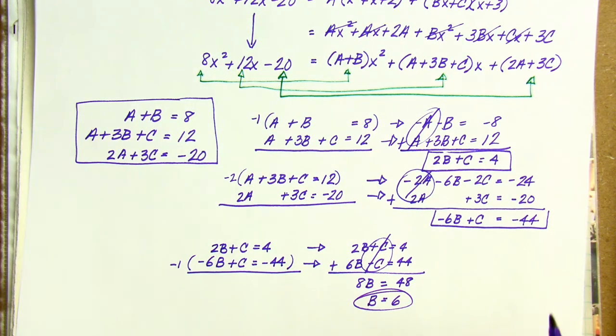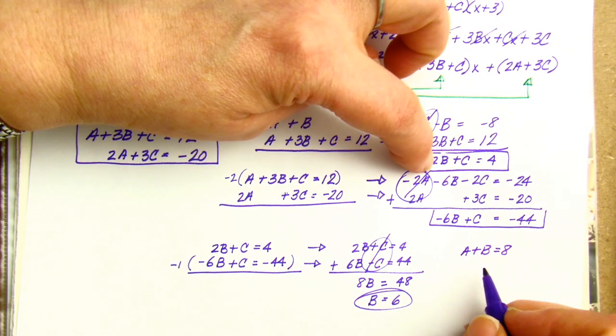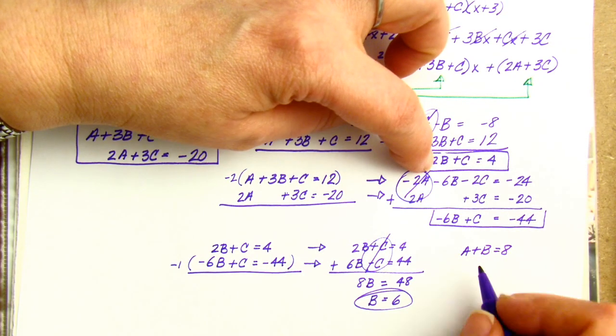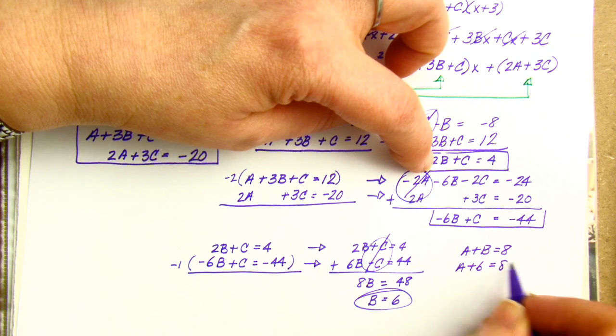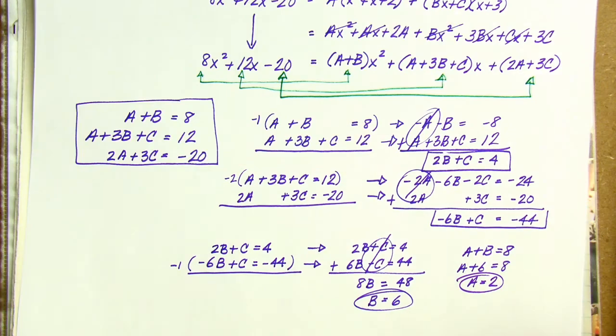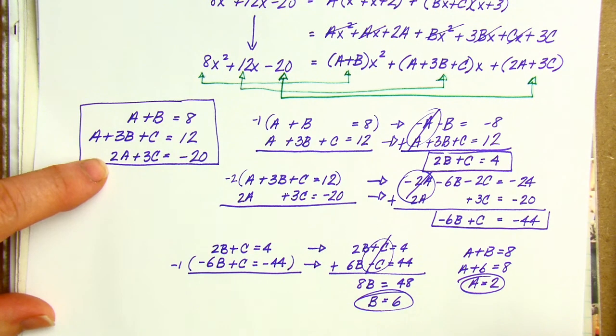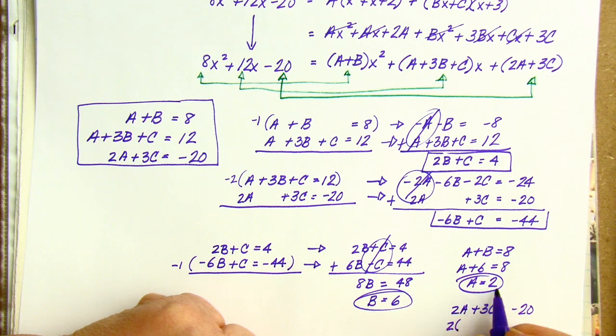A plus b is 8. If b is 6, then a is 2. And now I can find c by substituting into, I'm going to go here, 2a plus 3c is negative 20. 2a is 2.